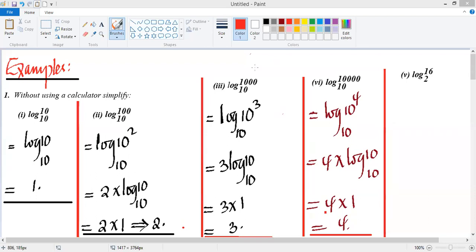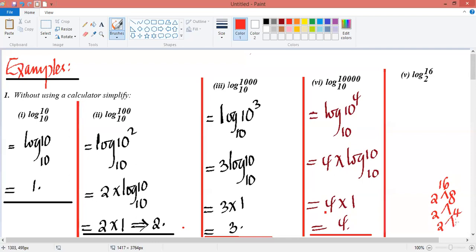That 4 comes about as a result of the candidate, first of all, prime factorizing the 16 by 2, which gives you 8 by 2 again. Someone gets a 4 by 2, 2 by 2, 1.